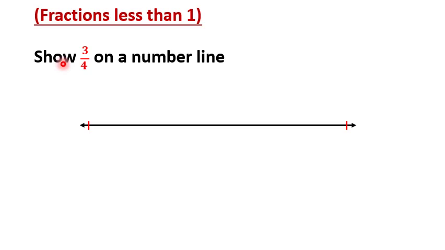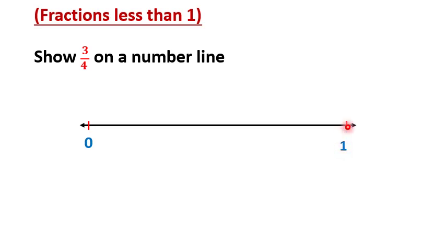Why? Because this lesson is about the fractions less than 1. We cannot read fractions more than 1 or bigger than 1. So we have to be between 0 and 1. So the end point for this lesson on number line is going to be 1.